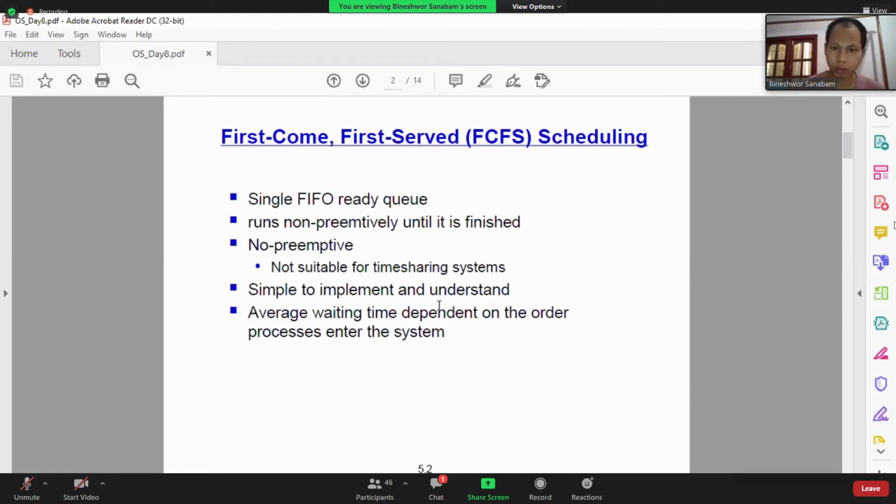It's simple to implement and understand. The concept is simple: whatever comes first, the CPU will be given to it. And the average waiting time depends on the order in which the processes enter the system.